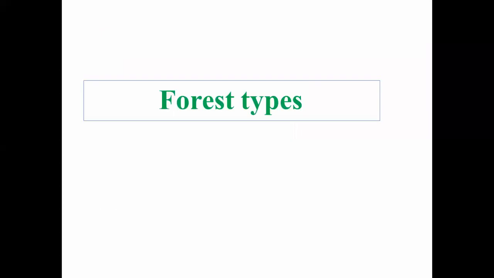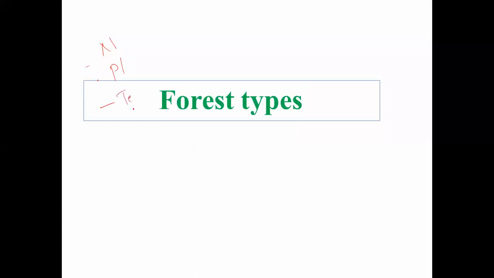Now we are moving on. Till now we have covered five important portions. One, natural regeneration. After that, plant succession. After that, tending operations, which is a very important portion.